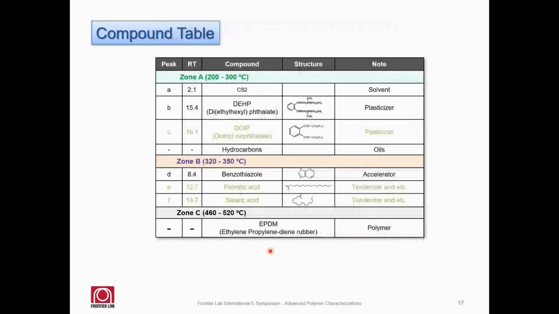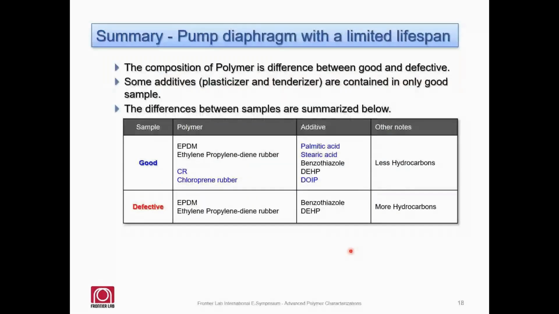To know what they are, we have quickly carried out the library search using the F-Search as I previously showed, and we found that peak C is a plasticizer called DOIP, peak E is palmitic acid, and peak F is stearic acid. So they are nothing but some tenderizers and so on. Thereby we concluded that the composition of the polymer is different between the good and defective samples.